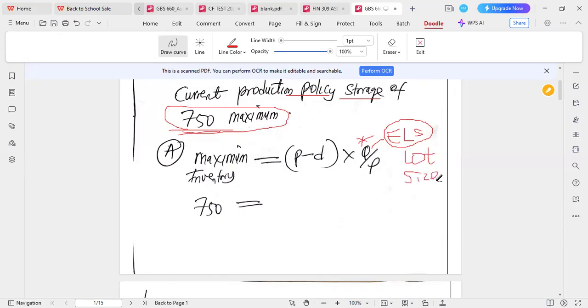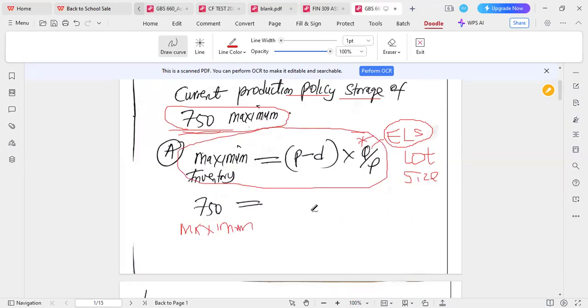What we are doing now is finding the value of Q. This 750 was just the maximum inventory storage capacity. So we need to find the value of Q using the formula for maximum inventory level.